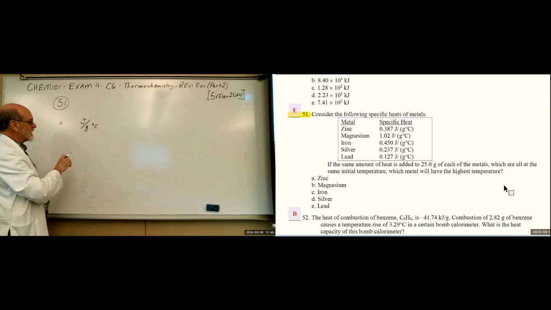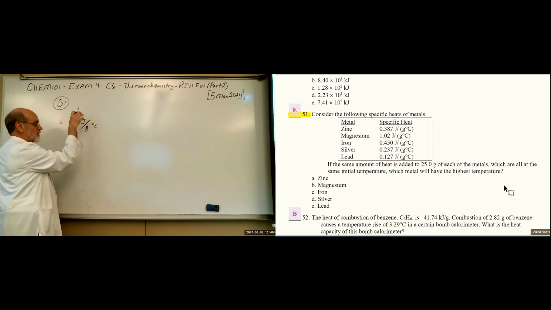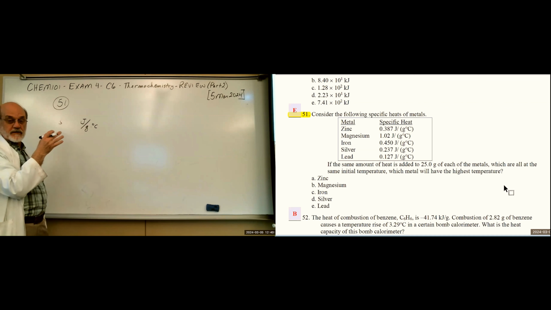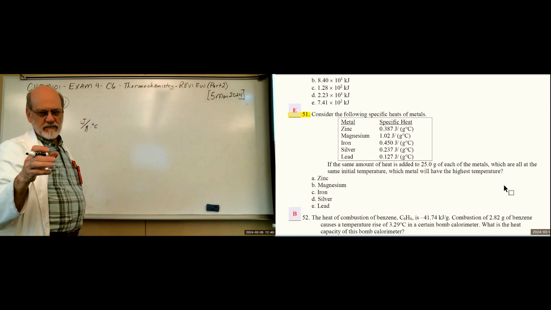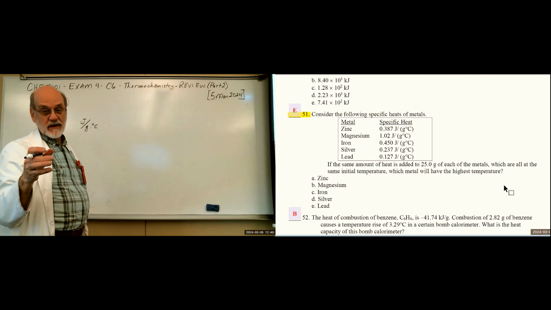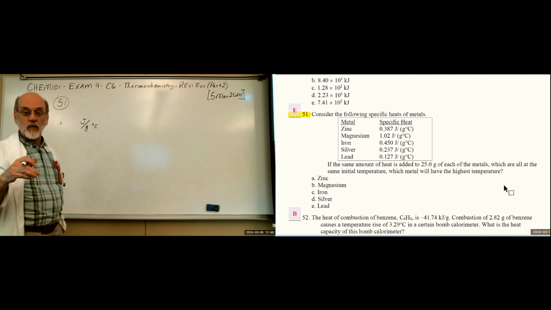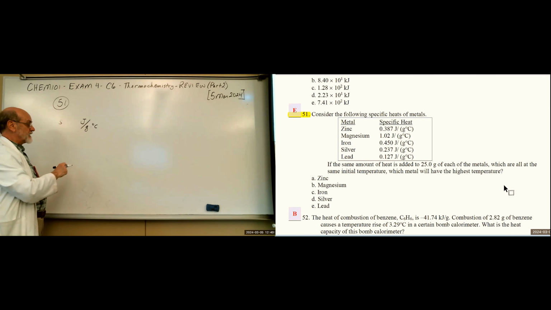So if the specific heat is very high, it will absorb a lot of heat before this goes up a degree, the higher the specific heat. So the question is, if they're all the same 25 grams of each metal, which are all the same initial temperature, which one will have the highest temperature? The one with the smallest specific heat, right?